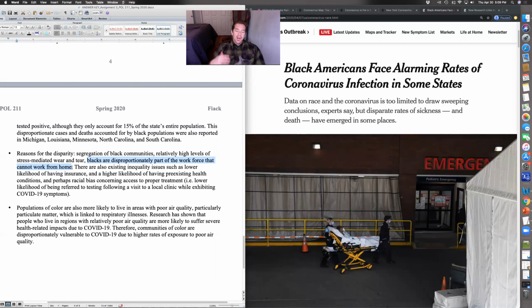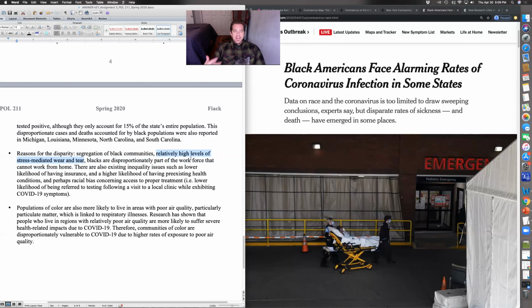This is common with populations of color in general, but they highlight the Black community, and it affects things like life expectancy, right? This is scientifically proven information, right? That there's this condition. Again, this is kind of an informal term, but stress-mediated wear and tear.